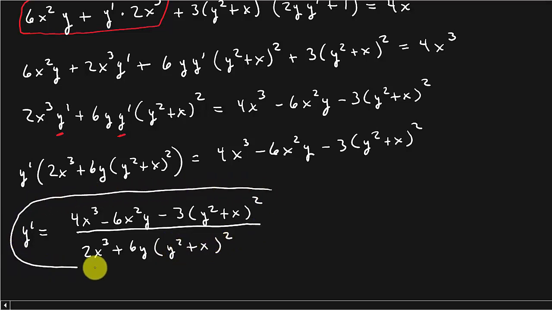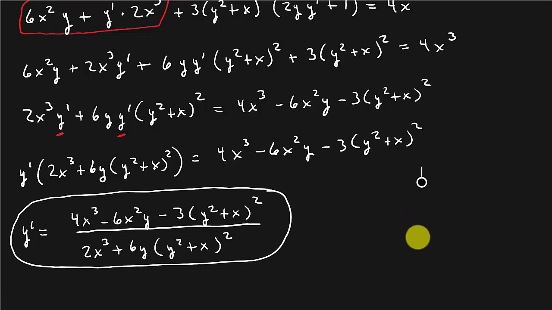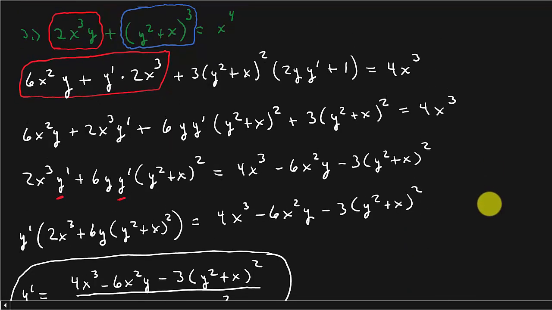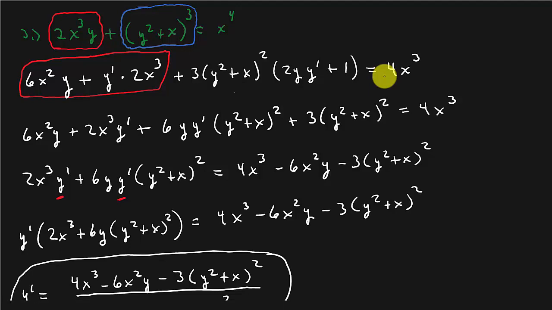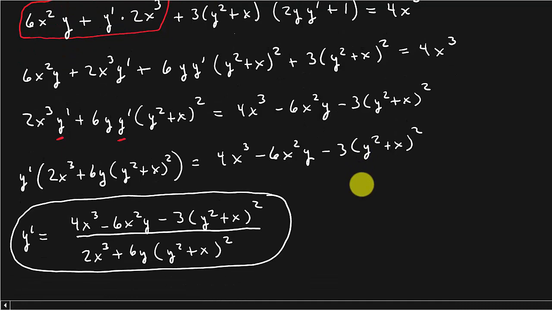And there's your derivative. So, I'm telling you that implicit differentiation is not really that difficult, I don't think, to get your first step right here to go through and take the derivative. The more difficult part comes in is actually just solving for y prime. That can be the toughest part of the problem.